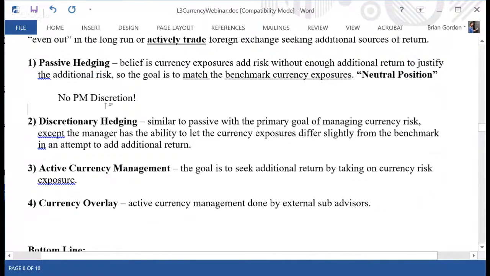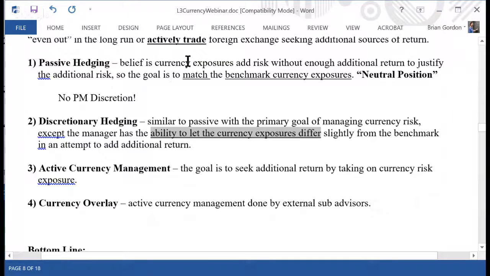and the portfolio manager has no discretion. Now, that leads us right into discretionary hedging, where again we may match the portfolio currency exposure to the benchmark currency exposure, but the manager now has the ability to let these exposures drift slightly. They can differ from the neutral position. I think that's the key.